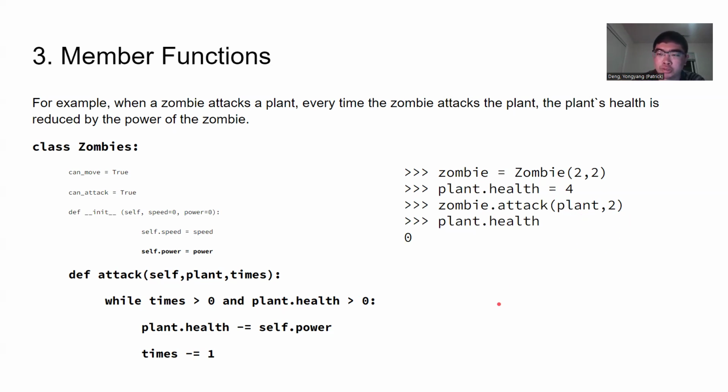So use the stock operator to show the relationship by saying which property is that, or who assigned the attack, who assigned the behavior. Yeah. So this is a member function.